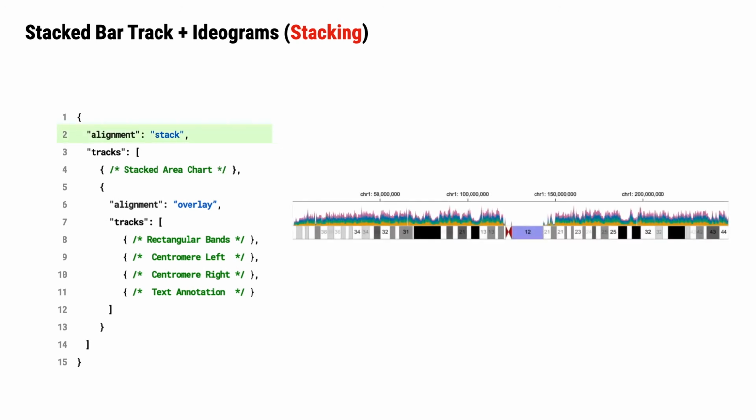Gosling allows using a nested format of multiple tracks. Using the nesting, users can create an ideogram and juxtapose a stacked bar chart. This allows users to see the chromosomal context while exploring experimental datasets.